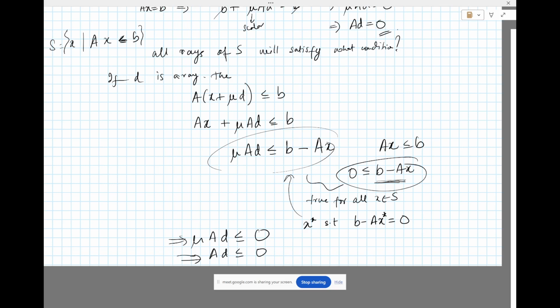Yeah, so this x star, if I substitute in this, that means AD is less than or equal to 0, right? So if AD is less than or equal to 0, then it will satisfy for all x, whatever x here, because this is always greater than or equal to 0. You got it? Yeah, yeah.